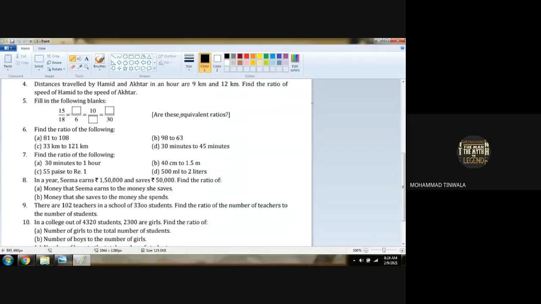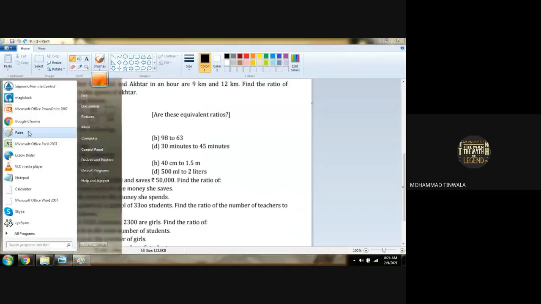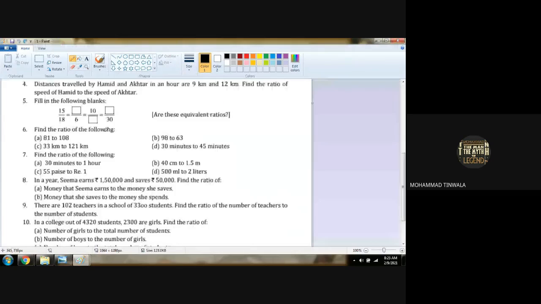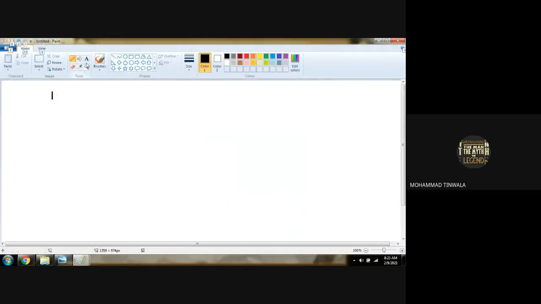Equivalent ratio or not. We have to check whether these ratios are equivalent to each other or not. So how can we check that? See, the first fraction is what? 15 upon 18, right?